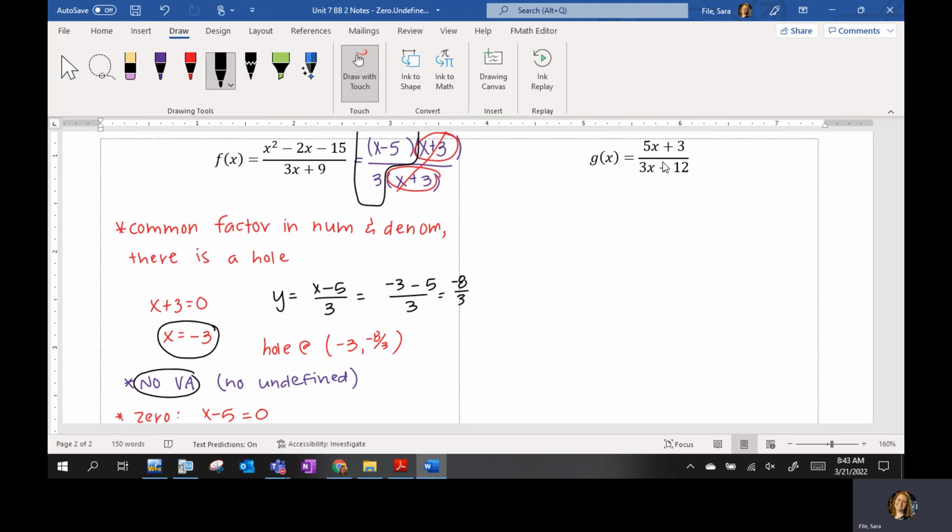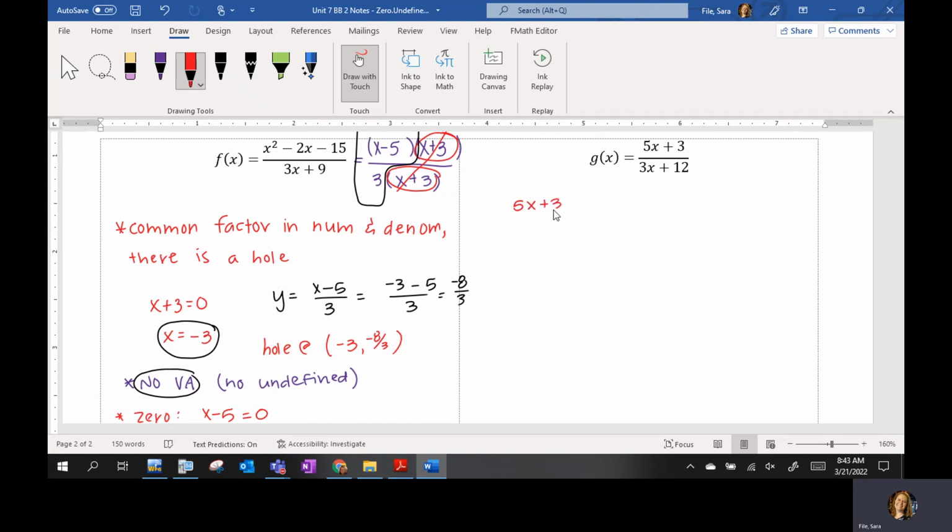So I know immediately, knowing that trick, if something cancels out, a common factor, there's going to be a hole. If nothing cancels out, because there's nothing to factor in the numerator to change this, there's not going to be any hole, okay? But I can still go ahead and set the numerator and denominator equal to 0 if that is a way that you prefer to do this.